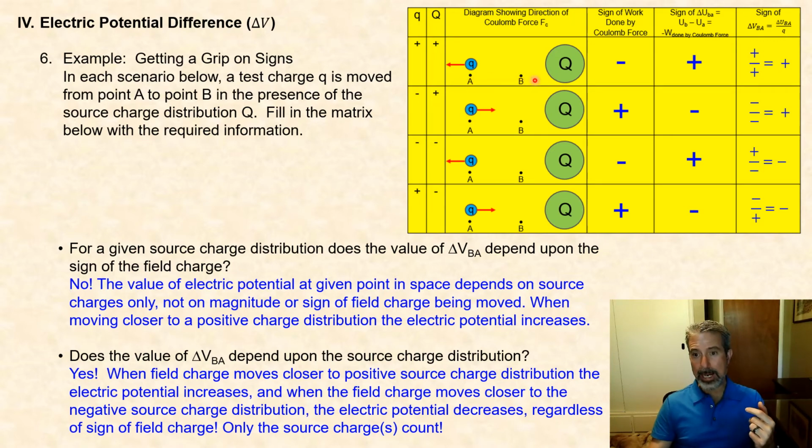Moving from A to B, the electric potential difference is positive, regardless of the sign of the field charge that is moved. And likewise, when the field charge moves closer to a negative source charge distribution here, the electric potential goes down. The electric potential difference is negative, regardless of the sign of the field charge. Only the source charge counts.